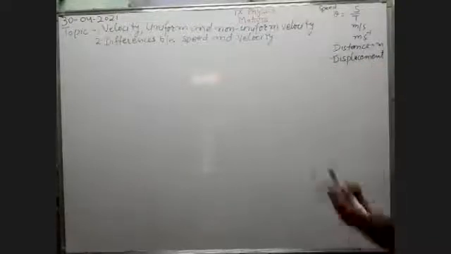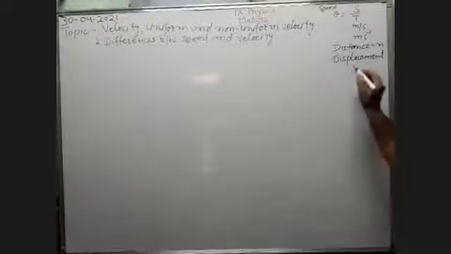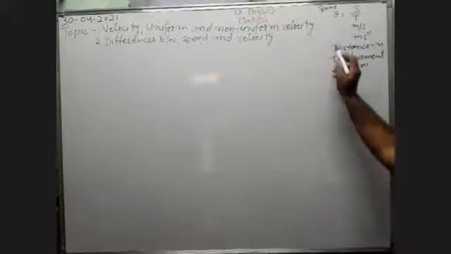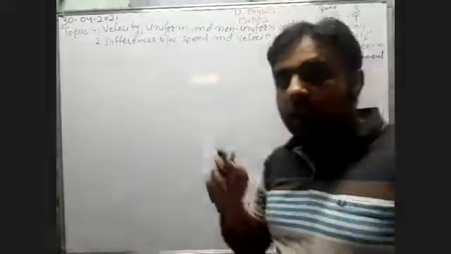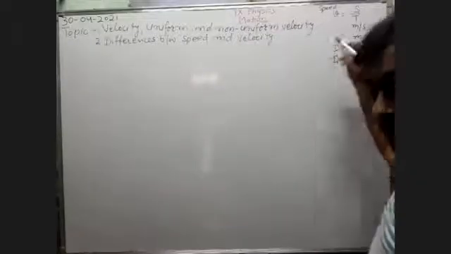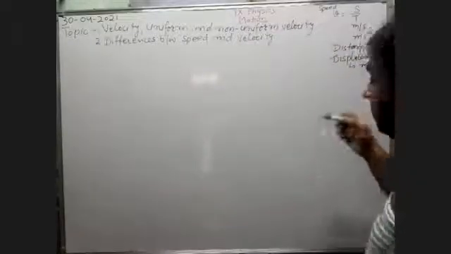It is measured in meter. And the shortest distance between initial point and the final point is known as displacement. It is also measured in meter. Distance is a scalar quantity and displacement is a vector quantity. So there are some basic difference as we have discussed in the previous lecture.